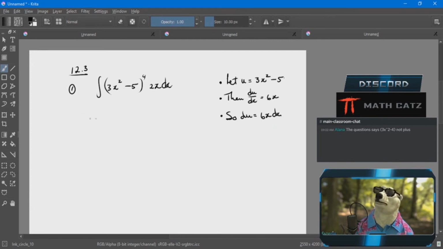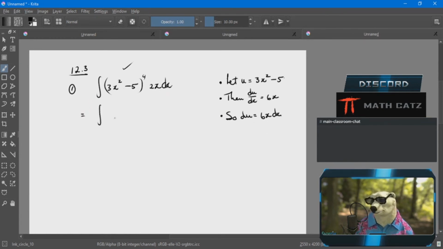Okay. So now, before I can bring in the u's, I need to check, do I see all the pieces that the substitution requires? Well, the 3x squared minus 5, yes. That's over there. I have a 2x and a dx. I need to see a 6x and a dx.